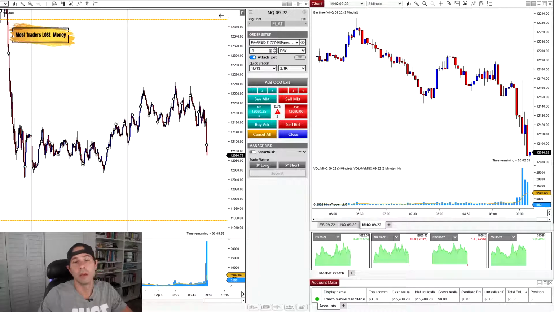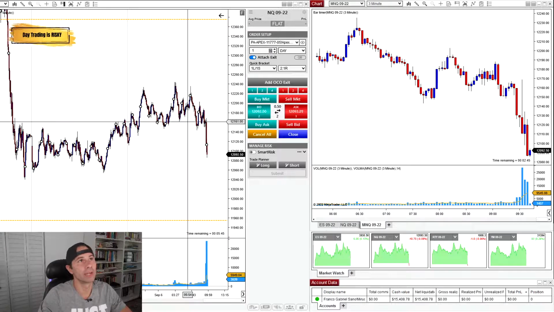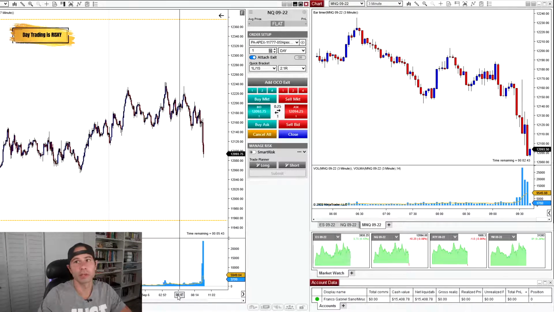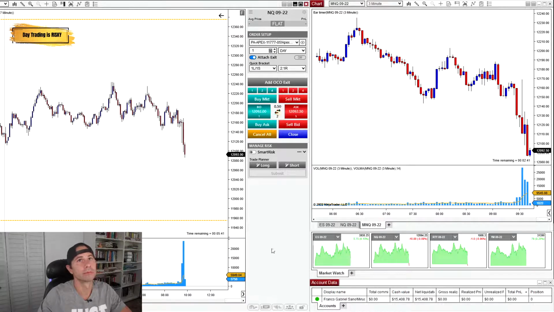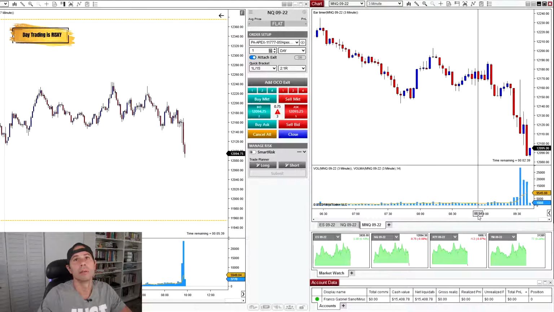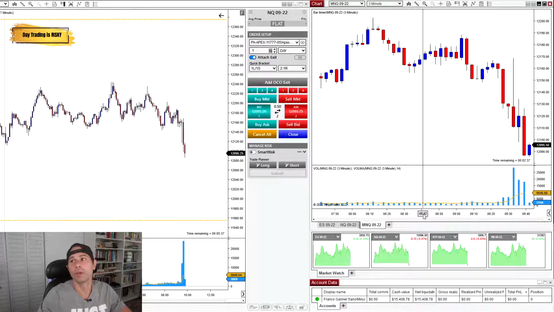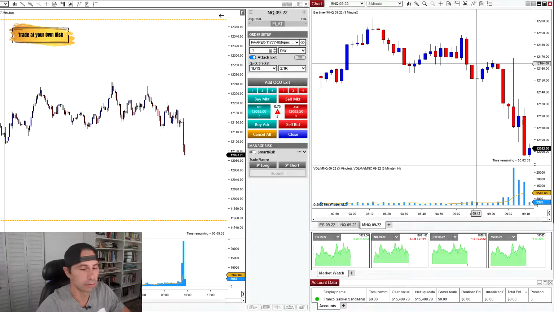All right, and for risk purposes, I'm gonna trade the MNQ, but I will chart on the NQ. So I will be charting on this chart, but I will be executing on the micro NQ.